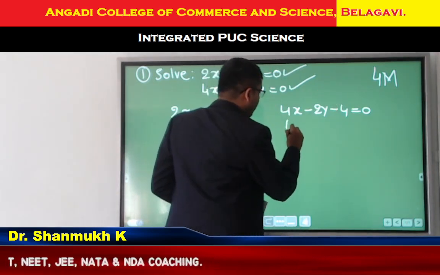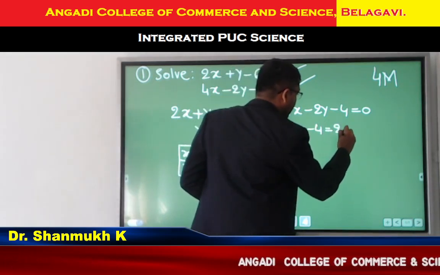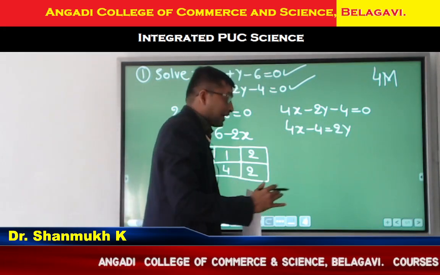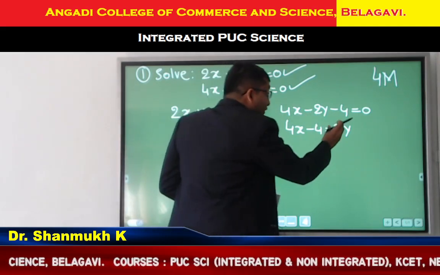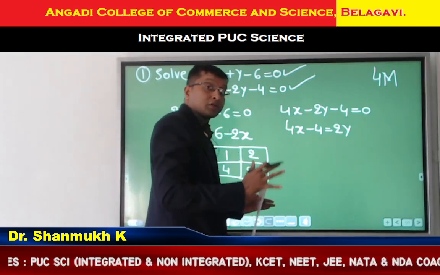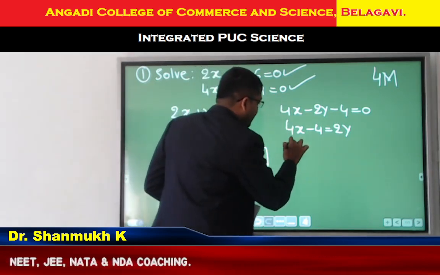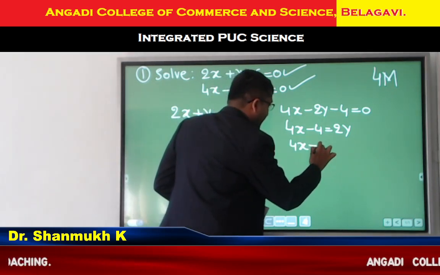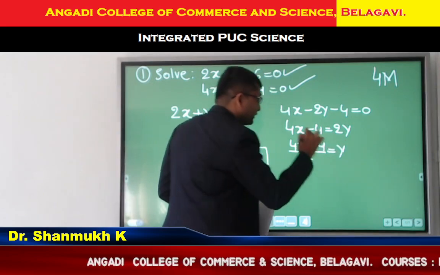Very simple: 4x minus 4 equal to 2y. Then we observe that y and 2 are multiplied, so transporting 2 to the RHS, multiplication becomes division. So we get 4x minus 4 divided by 2 equal to y.